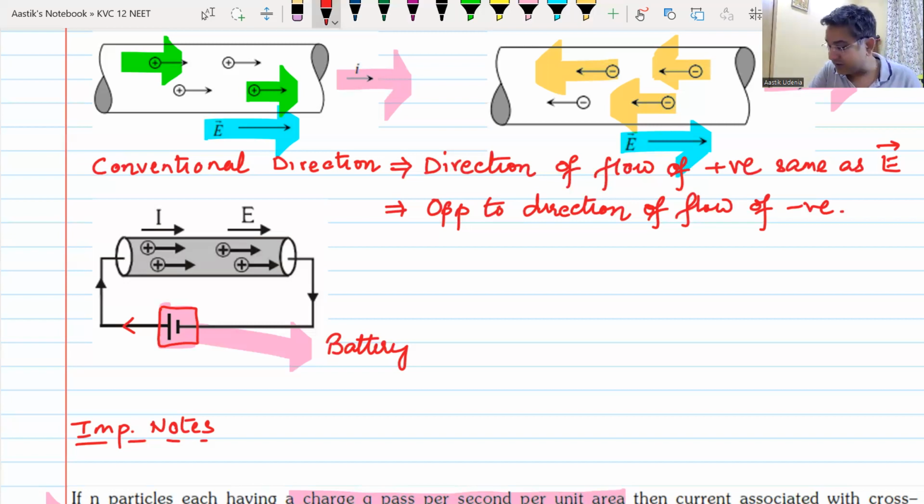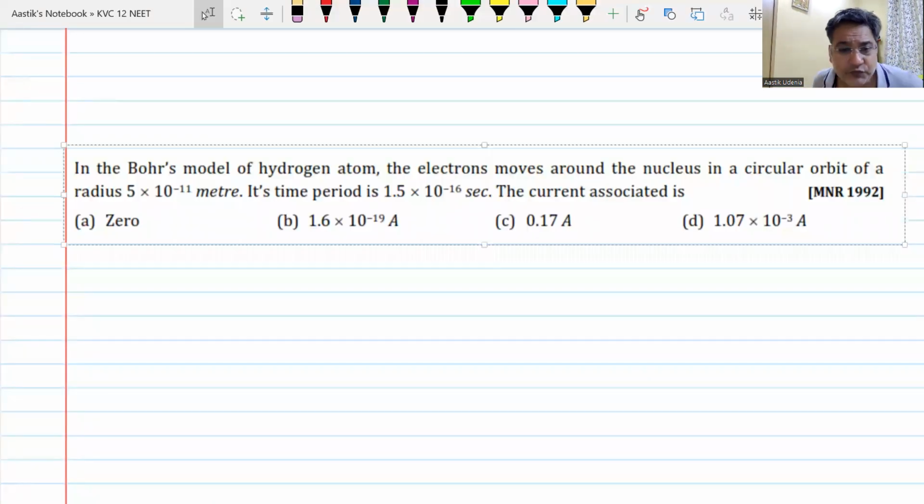Let's start today's class with this question. We are continuing on our journey of understanding current, and this is the first question that we are going to do. Remember, this question has been repeated a number of times.